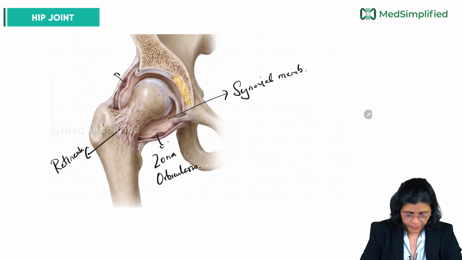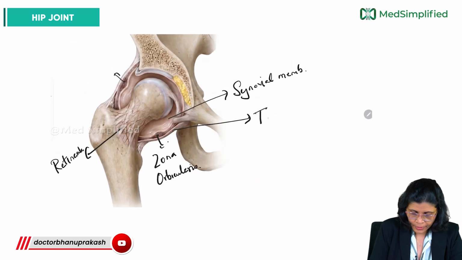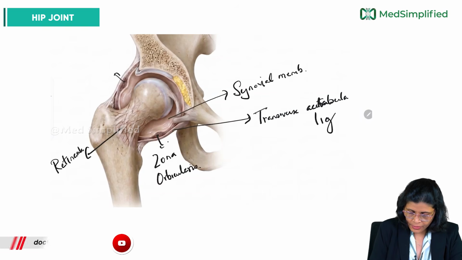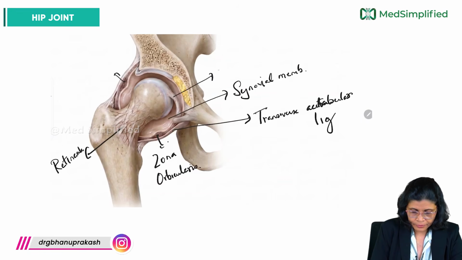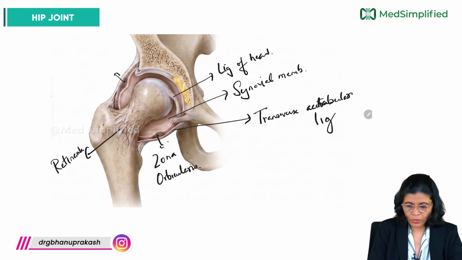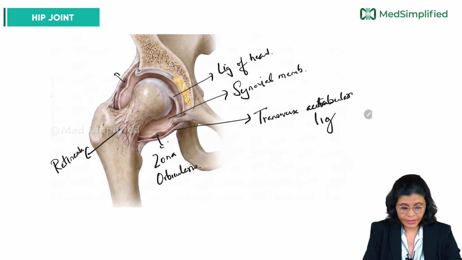And here we will have the transverse acetabular ligament, and this is the ligament of the head. Ligament of the head is otherwise also called the round ligament of the head or ligamentum teres.